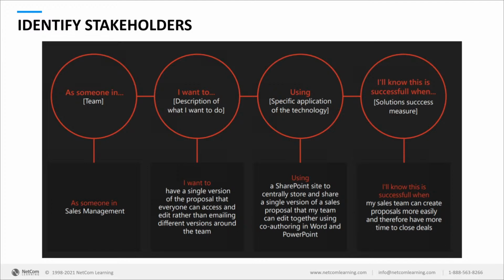Well, there's my tool. So how do I get the tool installed so that I can do that? Well, I want to have a single version of the proposal that everyone can access and edit rather than emailing different versions around to the team. Well, that sounds like collaboration, right? So that would mean that I would be able to collaborate within that application to allow others to go in and view and make comments on that particular proposal, whatever it is that you're doing.